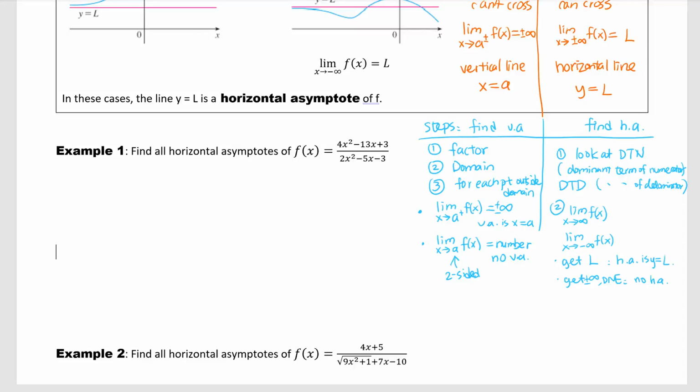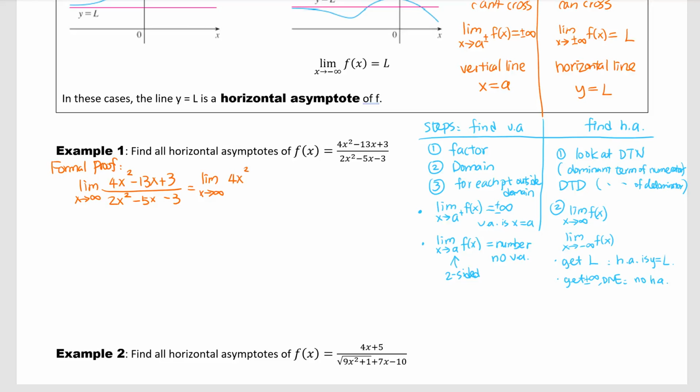So the formal proof for this kind of problem: you want to compute the limit as x goes to infinity of 4x squared minus 13x plus 3 over 2x squared minus 5x minus 3. You divide the numerator and denominator by the highest power term, which is x squared. The degree of the numerator is 2, and the degree of the denominator is also 2.